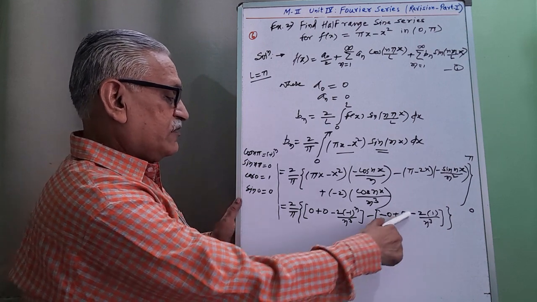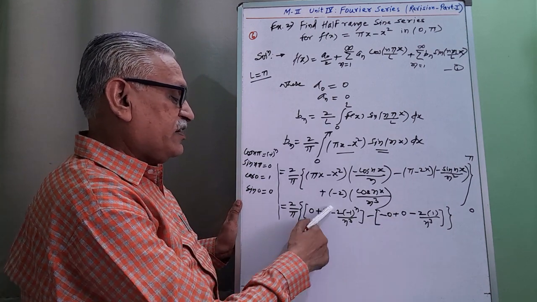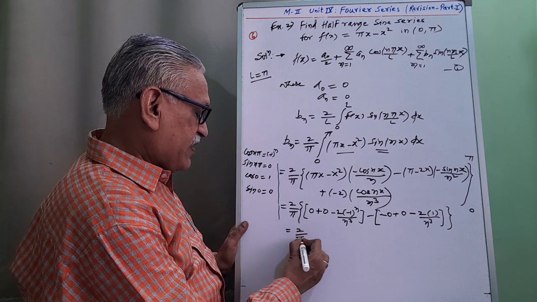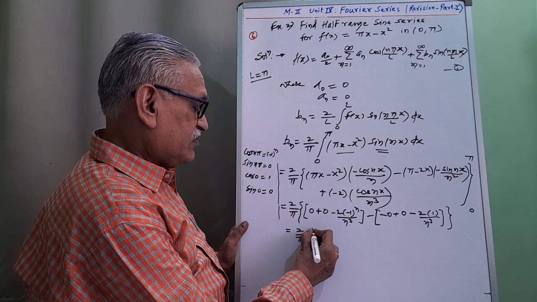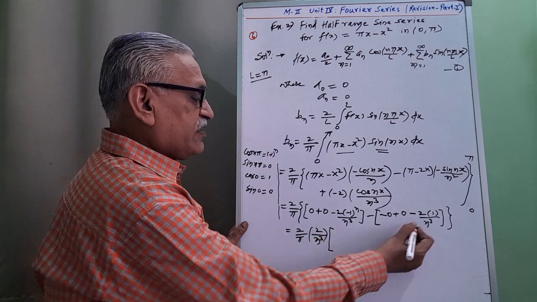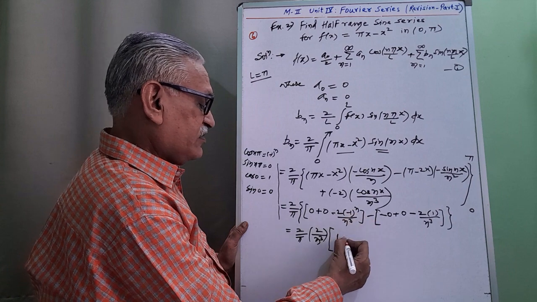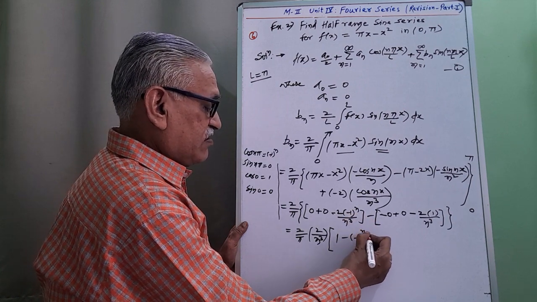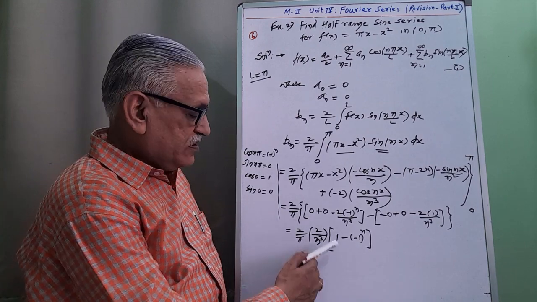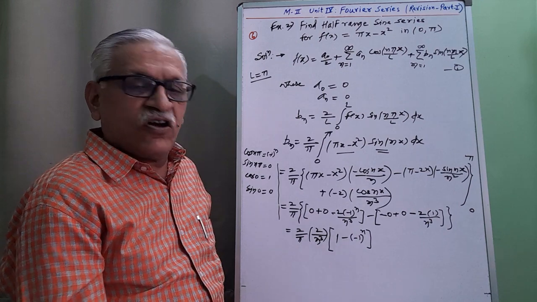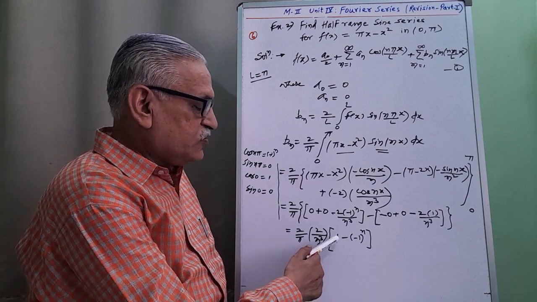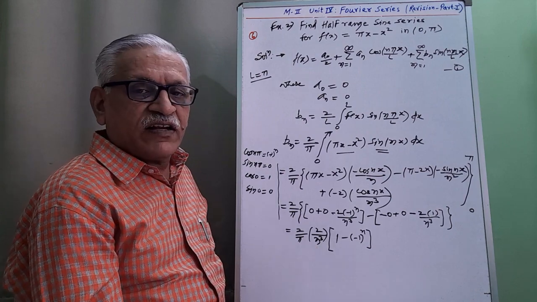And therefore, this one is plus 2 by n cube, and here it is minus 2 by n cube. That term I can take common, therefore 2 by pi into 2 by n cube I can take common. Remaining terms are here, it is a plus 1, and here it is minus 1 raised to n. And whenever we have such type of term, 1 minus 1 raised to n or 1 plus minus 1 raised to n, we require to find out two different values, one for even and another for odd.